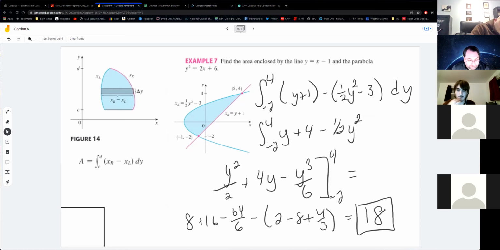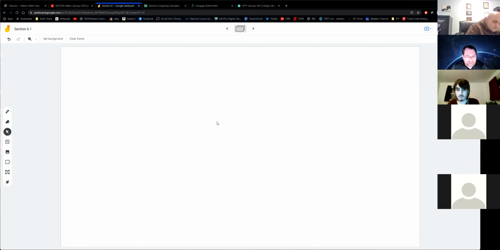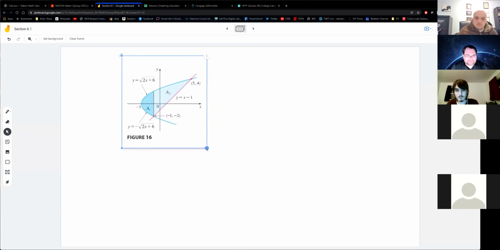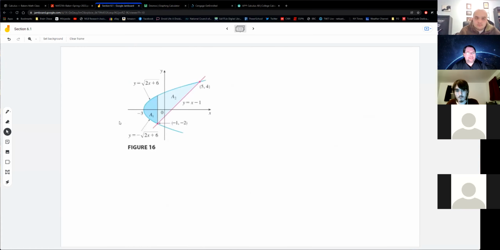I want to show you what this would look like. If we took the same problem, and this is going to be the last thing we do, and tried to solve it for y to do it in terms of x's, you can start to see what I would have. I would have y the square root of 2x plus 6 on top, and the negative version down the bottom. I now have two separate problems.